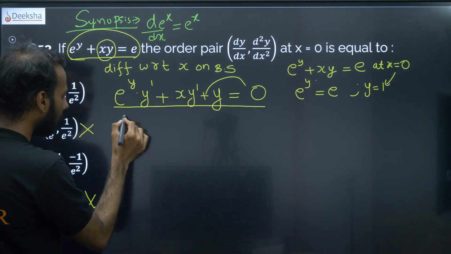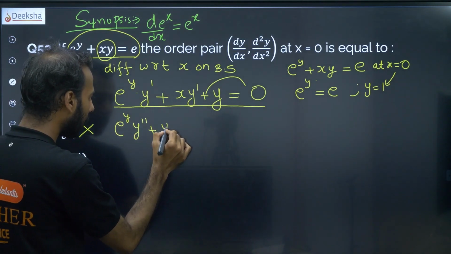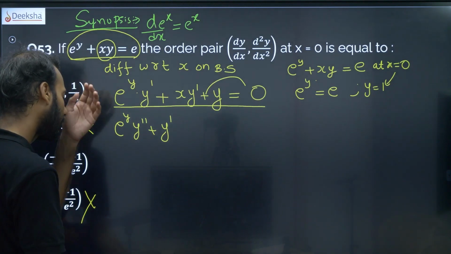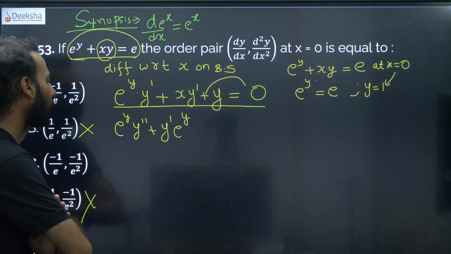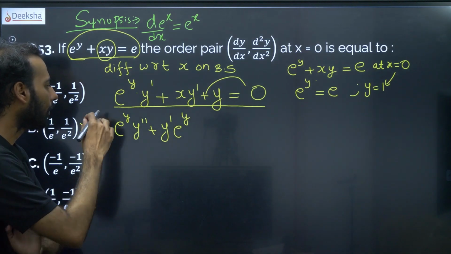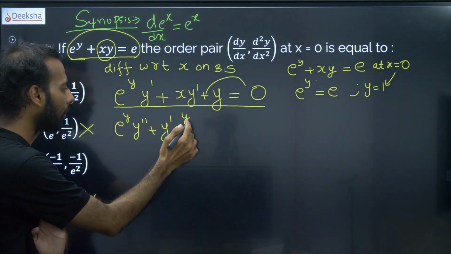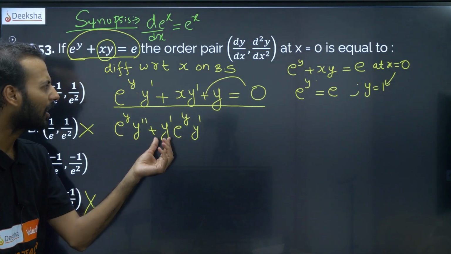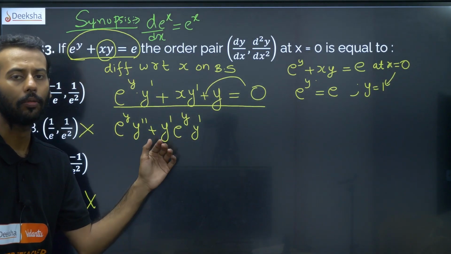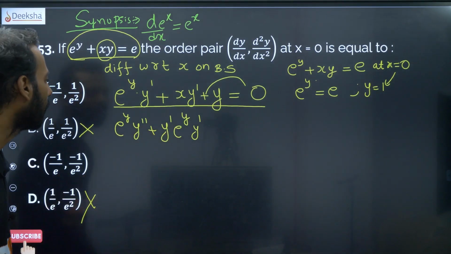So e raised to y times y double dash plus y dash times e raised to y. I have differentiated e raised to y, and next time y dash I have kept, e raised to y. I hope you have understood. I am using the uv rule, dy dx of uv, so that rule I have applied here.